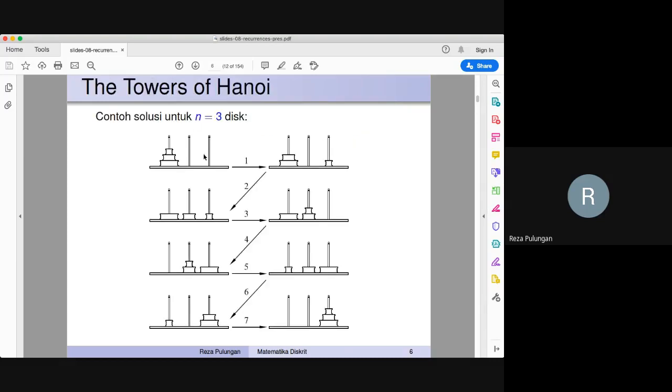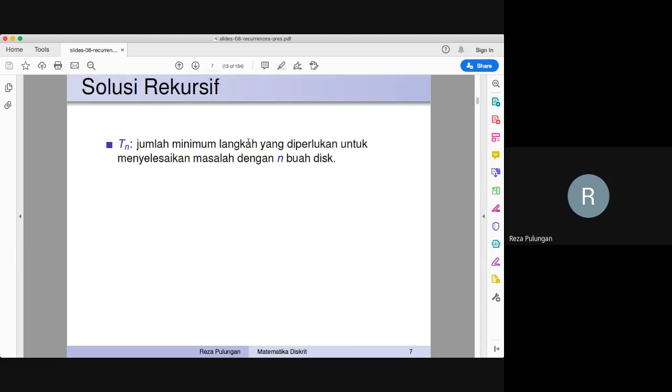You can try it, of course, for n equal to 1, 2, 3, 4. But we want the final solution for arbitrary n, even for a large n, for example n equal to 64. So the way to solve this is to denote this as a function.